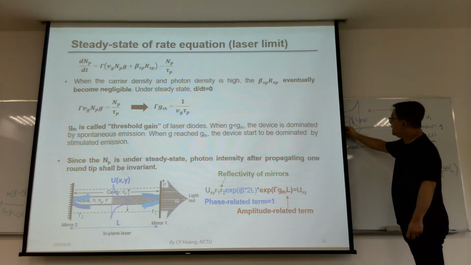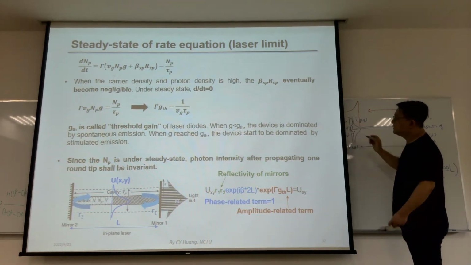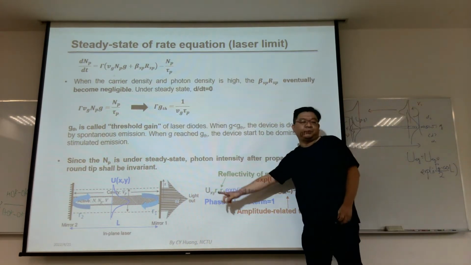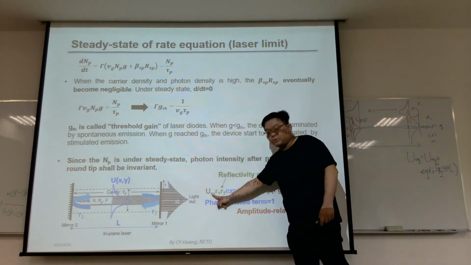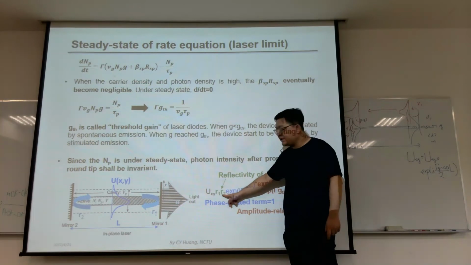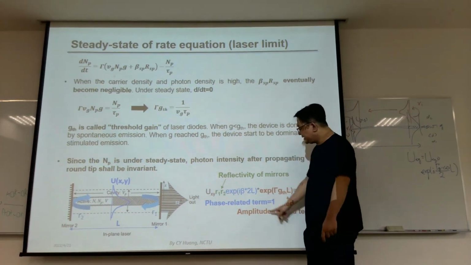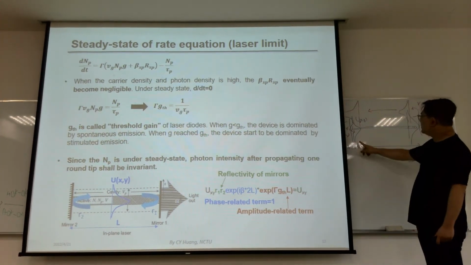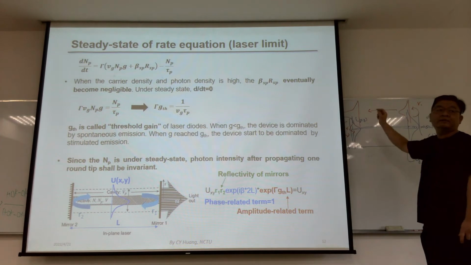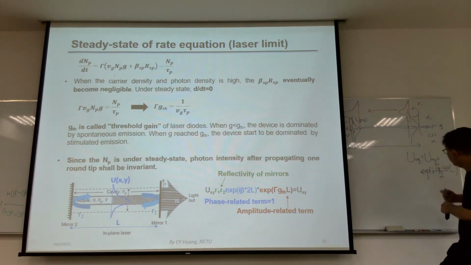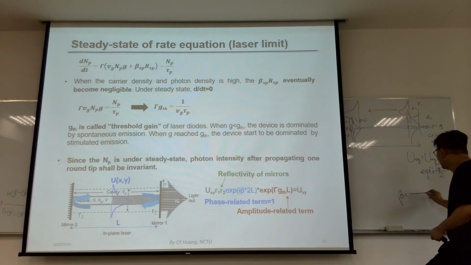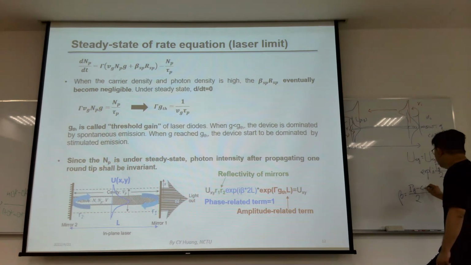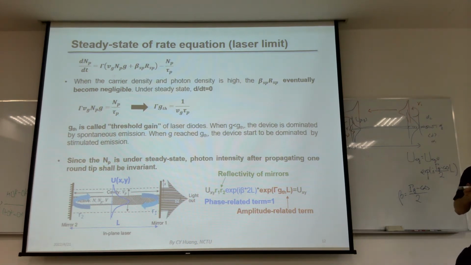Then it makes another reflection, R2. After a round trip, it becomes U(x,y) times R1 and R2 times exponential i beta 2L, because you are traveling L twice, and the beta is half of gamma G minus alpha, the average loss of your laser structure.